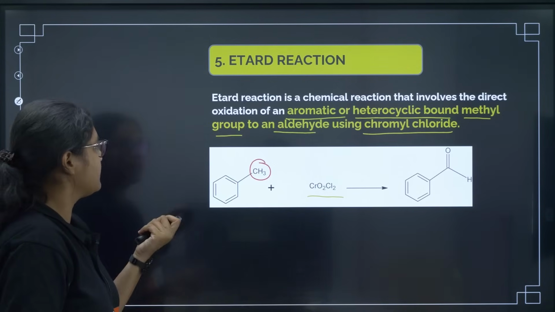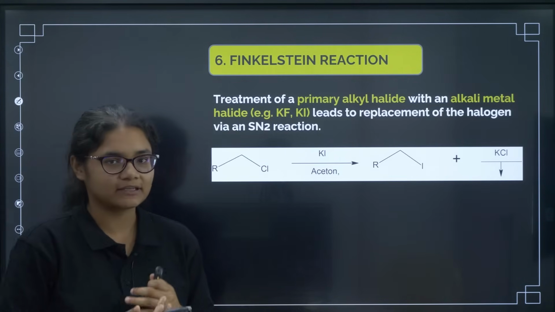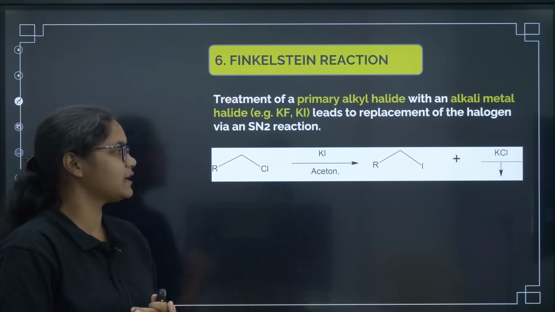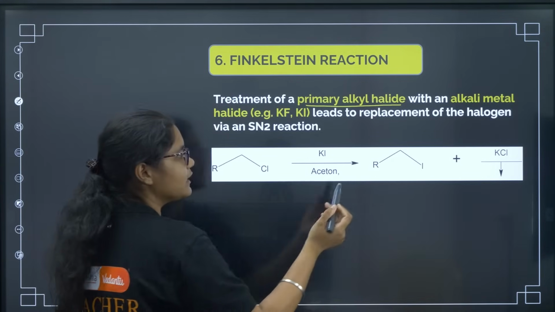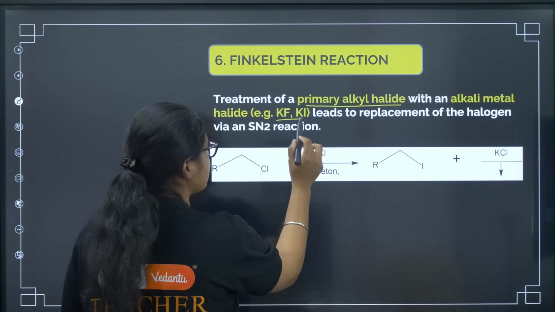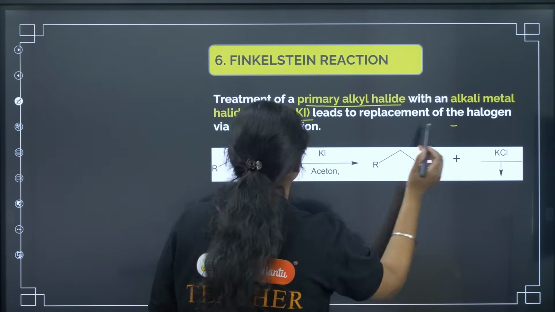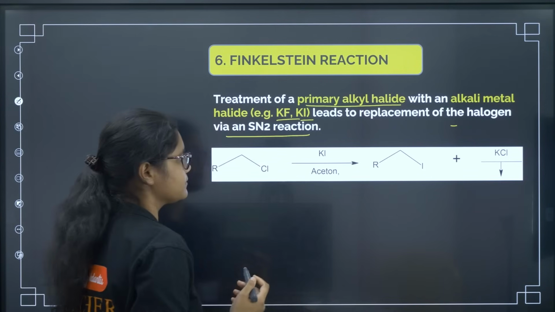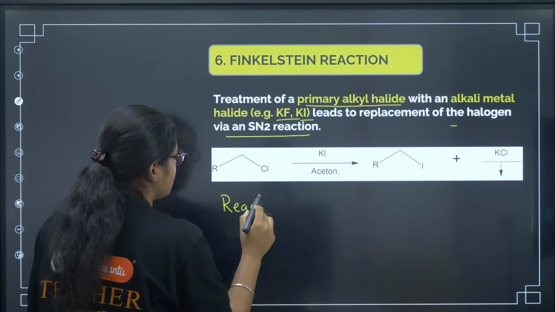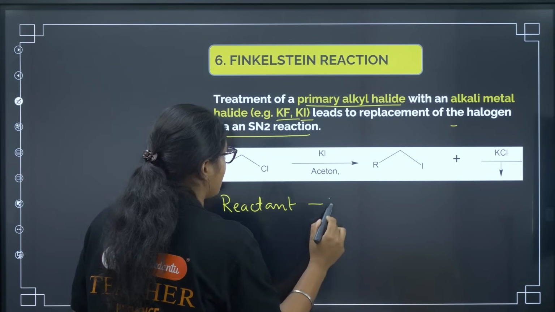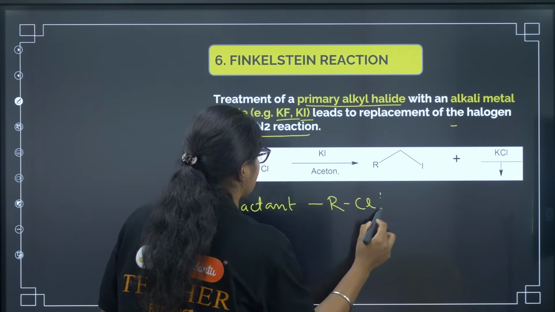Very important. Next, Finkelstein reaction, important reaction from haloalkanes chapter. Treatment of primary alkyl halides with an alkali metal halide, for example KF, KI, leads to the replacement of halogen via an SN2 reaction. So you can write down here the reactant. Reactant is RCl or RBr.